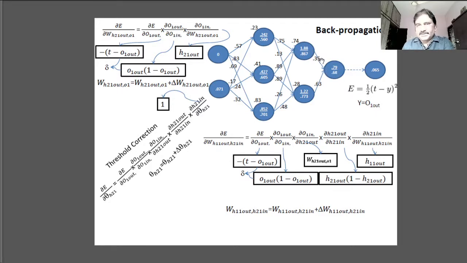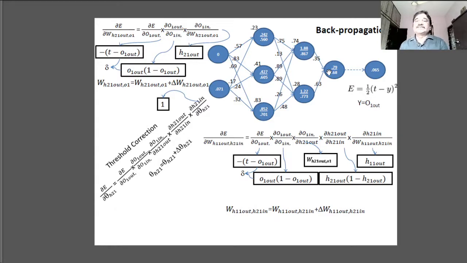See, it is simply like this: O1 in we are getting as the summation of, I'll be saying, H21 out multiplied by W21 out O1 in, plus H22 out into W22 out O1 in.